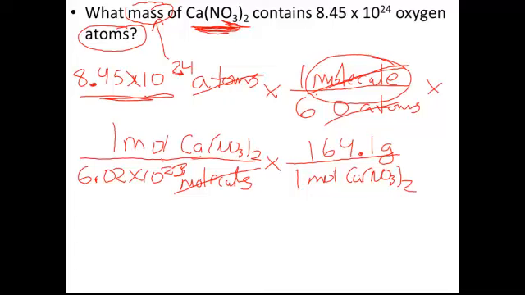So everything on the top I'm hitting multiply, everything on the bottom I'm hitting divide, and then for my final answer I get a response of 380.4 grams of Ca(NO3)2.